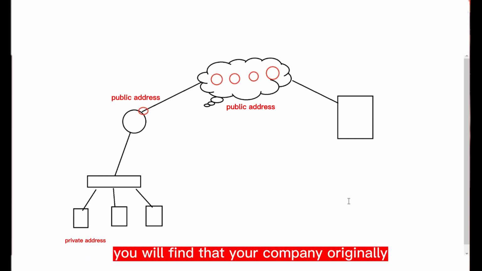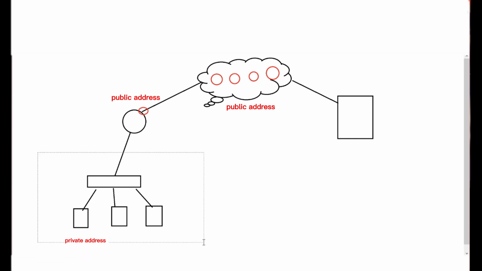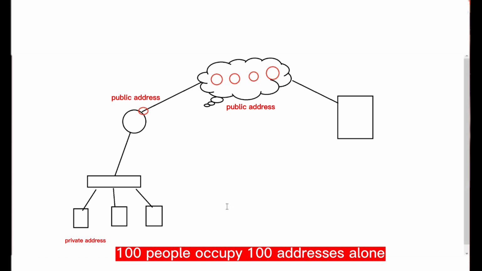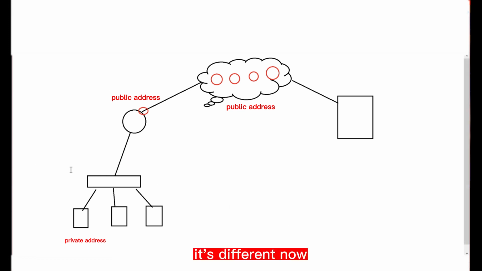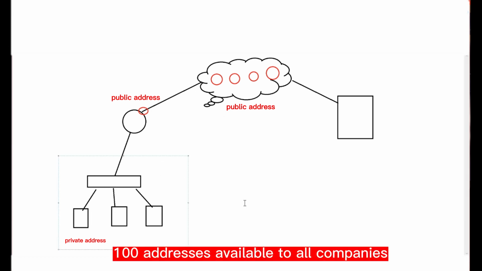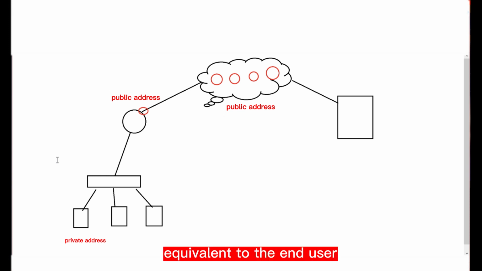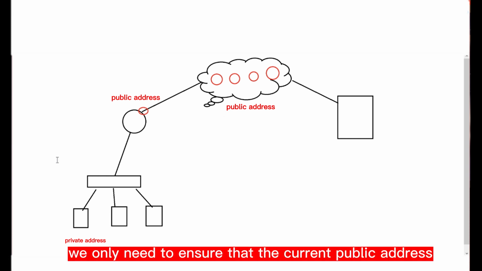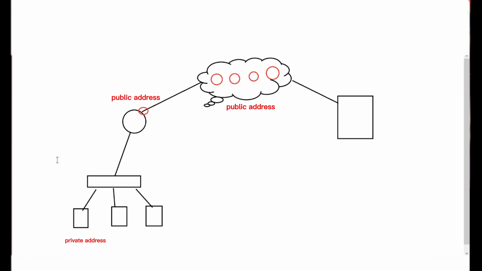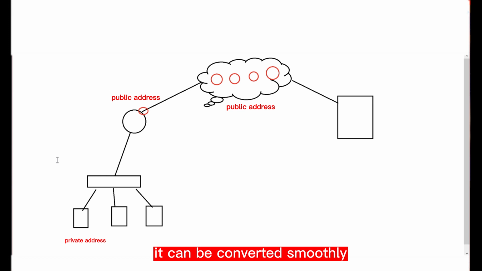Originally your company's 100 people occupied 100 addresses alone. It's different now. Now the company can be allocated just a few public addresses shared by all. Equivalent to the end user problem solved. We only need to ensure that the current public address can be converted smoothly when the user comes out.